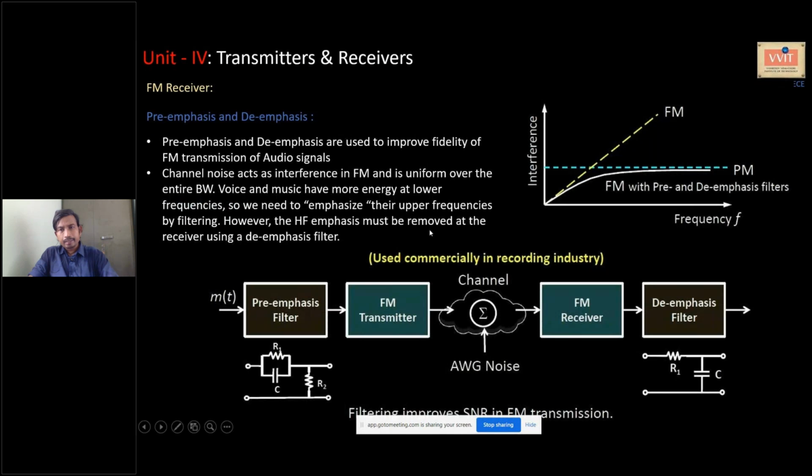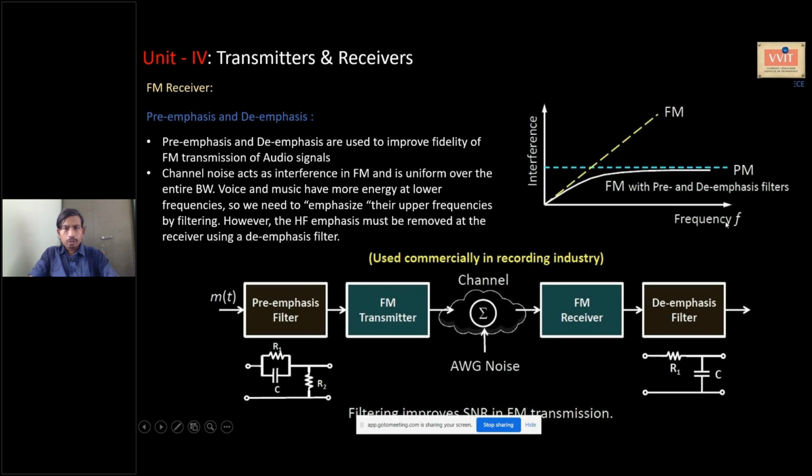As the tuned frequency increases, the level of interference also increases, whereas this remains constant for phase modulation, but that is not true for frequency modulation, where interference also increases along with the tuned frequency value.